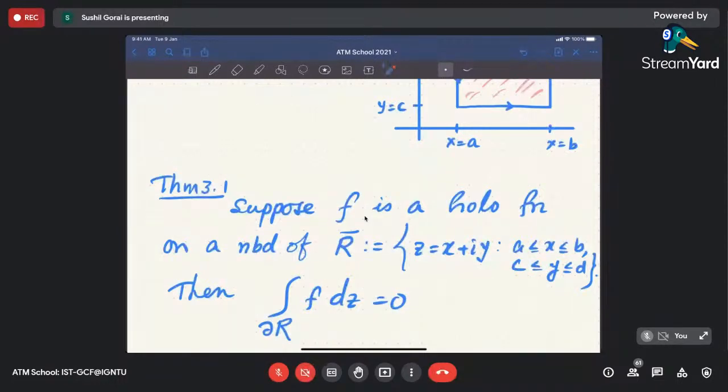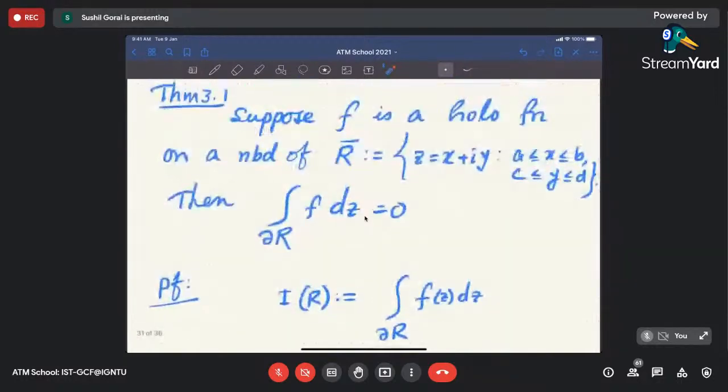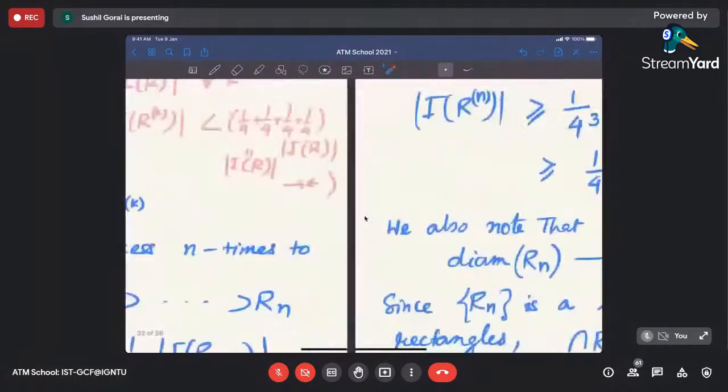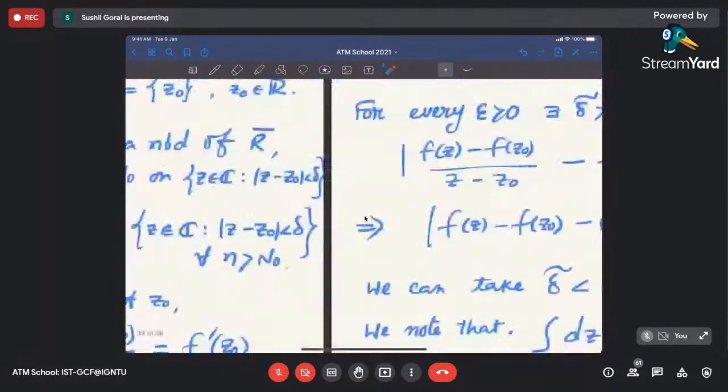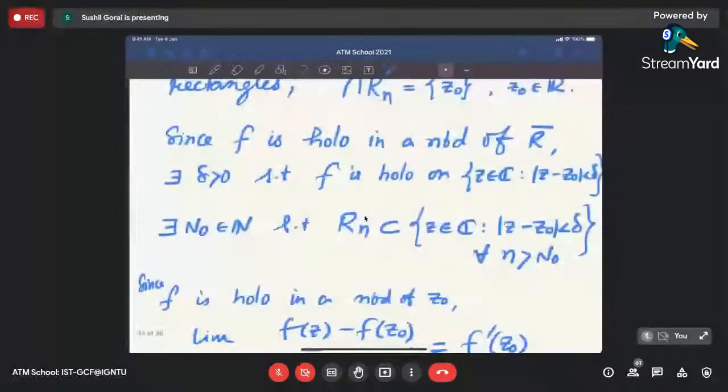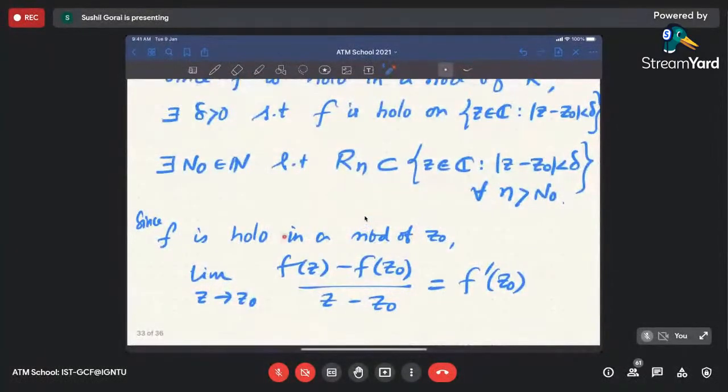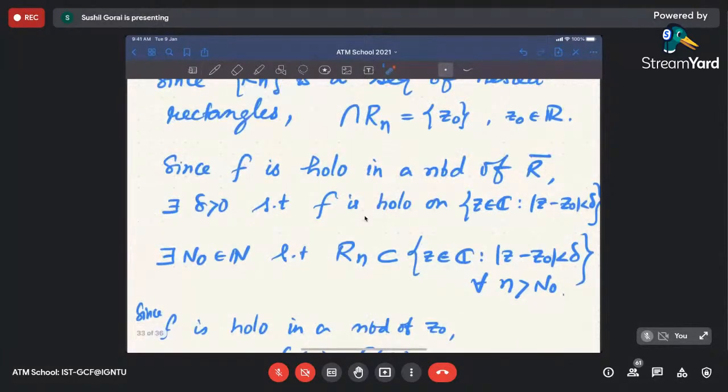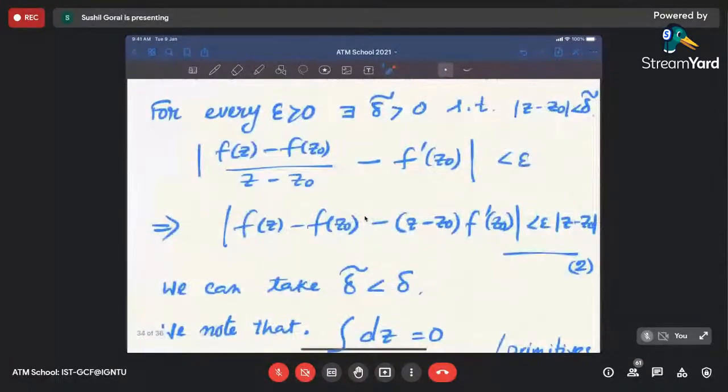You cannot actually remove the continuity of the derivative until this theorem. Here, in the holomorphicity, we have just used this limit, the existence of this limit. We did not use continuity anywhere. So go back and check that you must have somewhere assumed the continuity of the derivative.